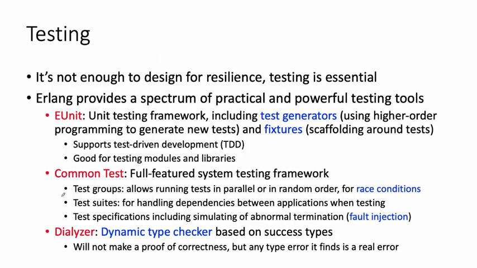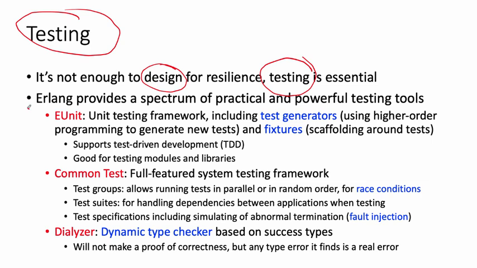And a final point is testing. What we've seen up to now is designing for resilience. We've seen that using behaviors and supervisors and let it crash gives you a good design. But that's not enough. You still have to test, of course. You've seen maybe in other courses that testing is important.